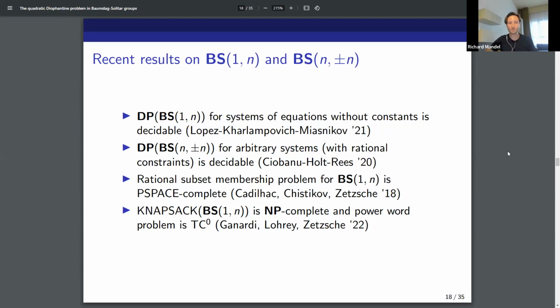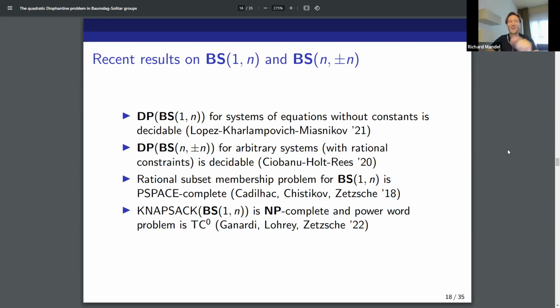And we have rational subset membership for BS(1,n) by Cadilhac, Chistikov, and Zetzsche. And the knapsack problem has been proven to be NP-complete, as well as the power word problem in the complexity class TC0, by Konig, Lohrey, and Zetzsche. So I've mentioned a few complexity results.